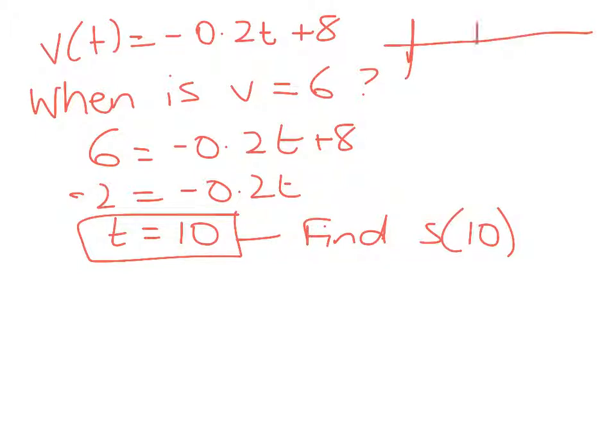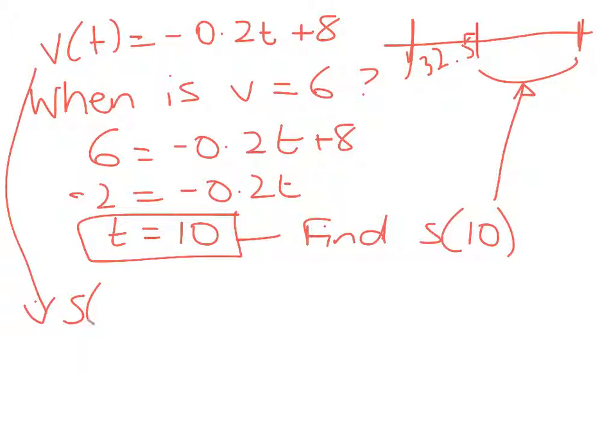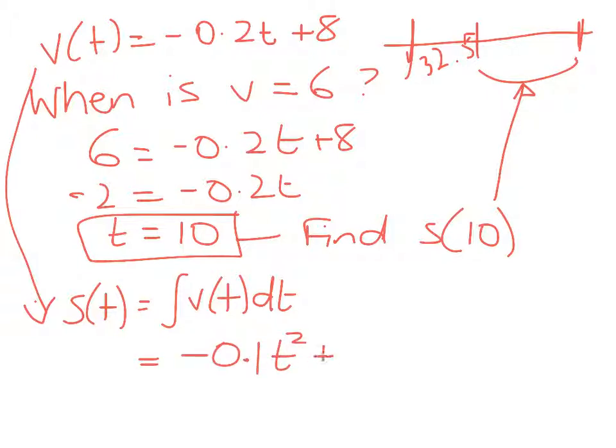So we've got 32.5 metres just plonked in there, and then we've got this distance here, which is s of 10. Now we had our velocity equation, so my displacement equation I get from anti-differentiating that, and that's going to be negative 0.1 t squared plus 8t plus c.